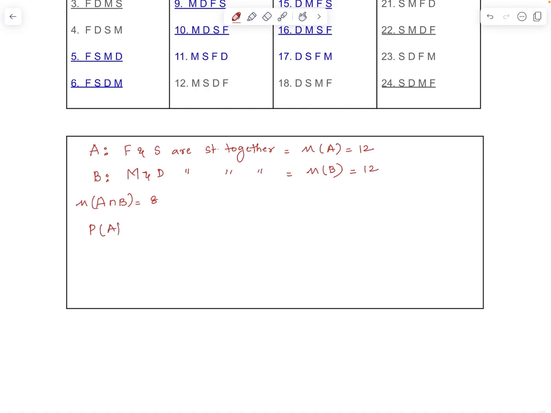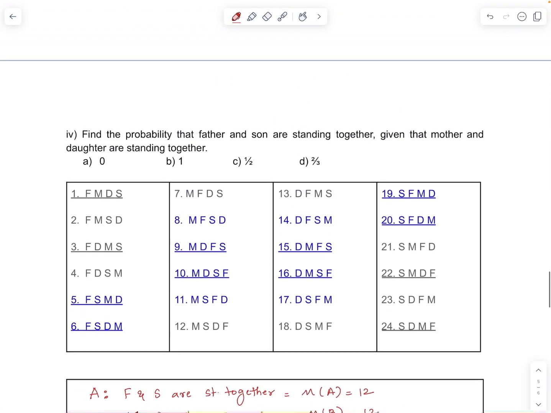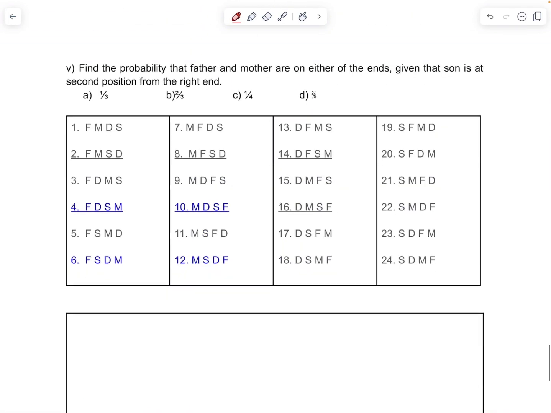P of A given B is P of A intersection B by P of B, which is N of A intersection B by N of S by N of B by N of S. 8 by 24 by 12 by 24, which is 2 by 3. The answer is D.